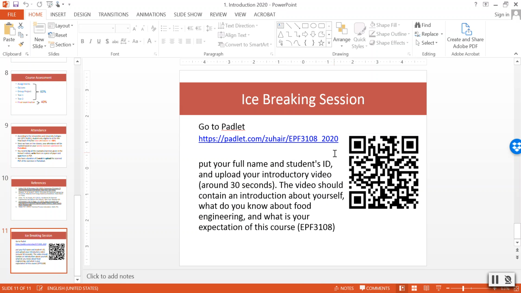As for the ice breaking session now, not only did I not get an opportunity to meet you and get to know more about you, but you and your colleagues also do not really know each other. So what we can do is some ice breaking. What you need to do is go to the Padlet website at this link, put your full name and student ID, and upload your introductory video about yourself.